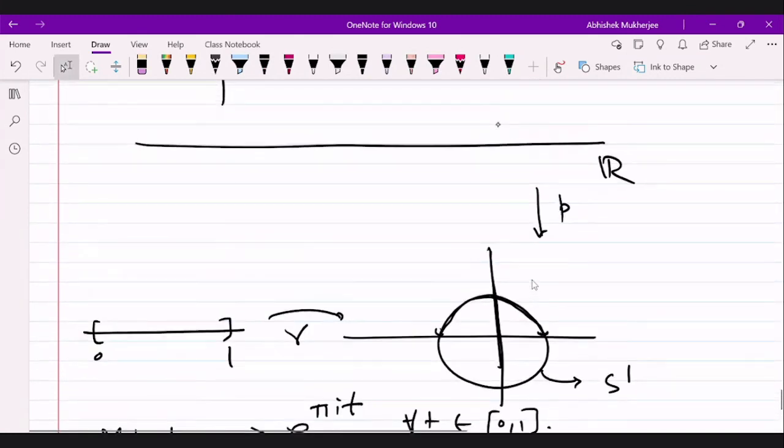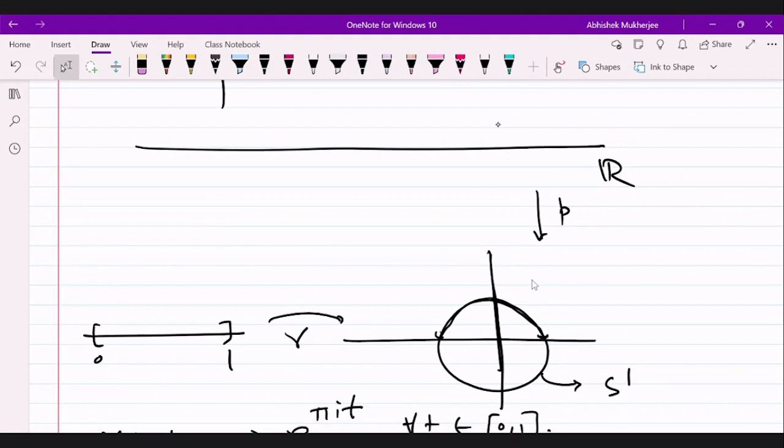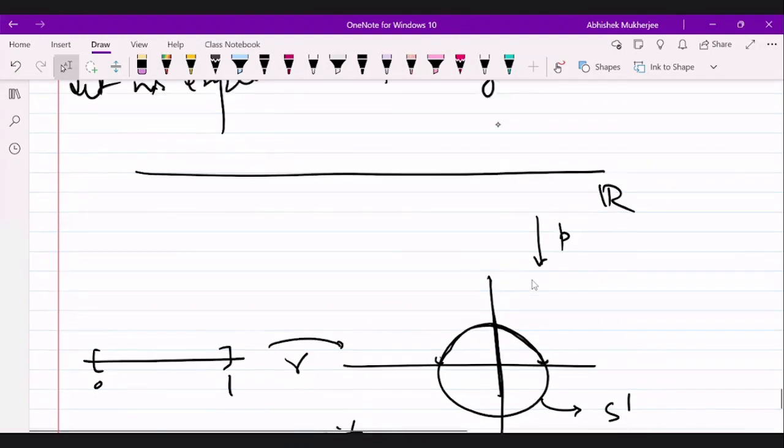So then you see that this gamma can be lifted to R, where R is a covering space of S1, right? How? Just using this, if you want to take from 0 to 1, and this is half.